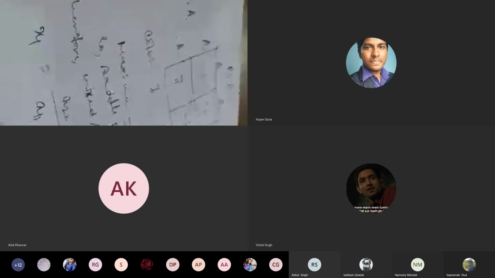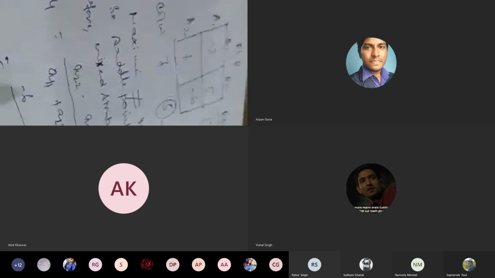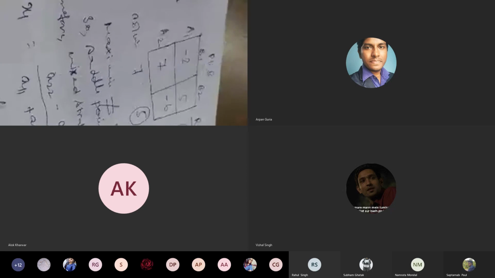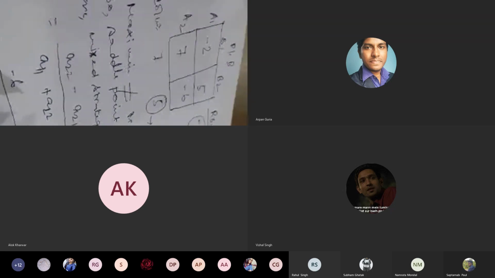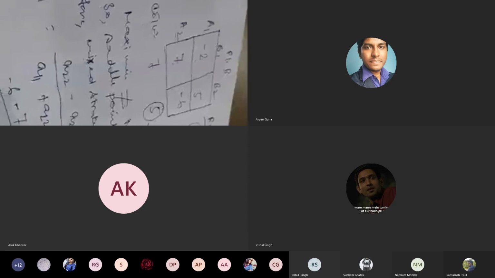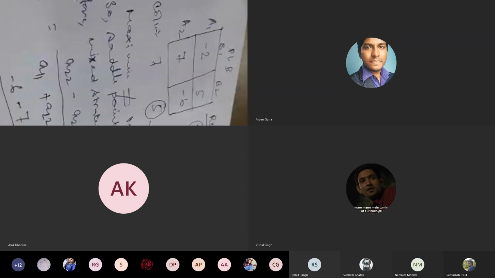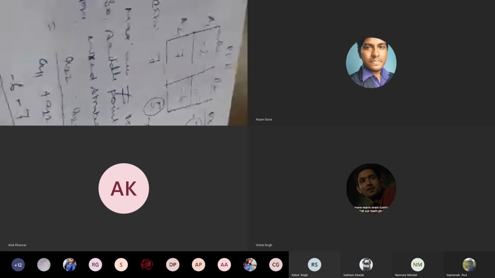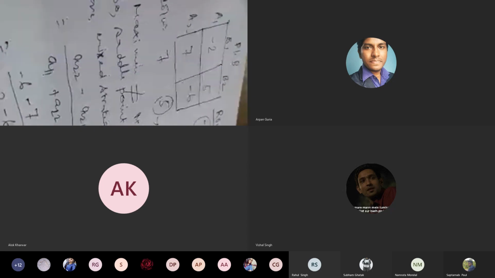A22 is minus 6. Look at the matrix. A22 is minus 6, and A21 is 7, so minus 7. A11 is minus 2, A22 is minus 6.